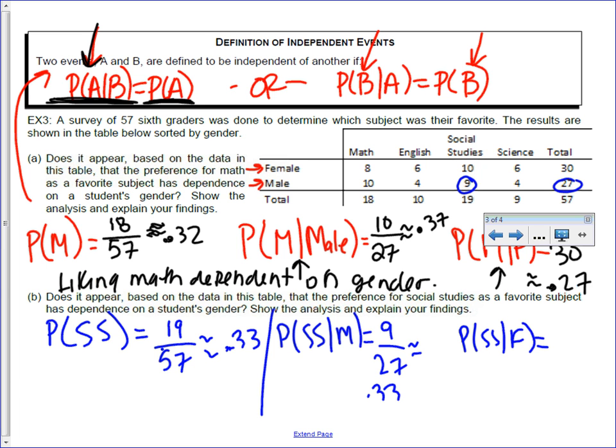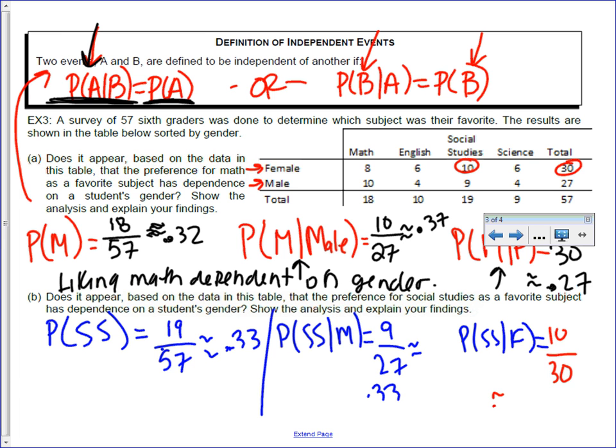Probability of liking social studies given they are female. Okay, so again, when it's a given, like social studies given female, it's conditional probability. So I do the probability of both happening. Social studies and female, which is 10, out of the total number of females, which is 30.